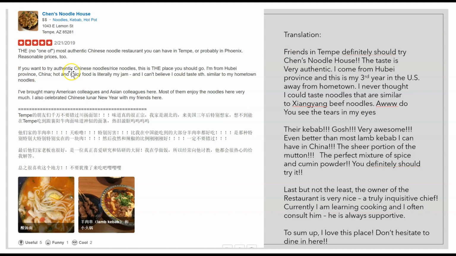And why would I capitalize the letter the THE? And also, why should I mention I brought American colleagues and Asian colleagues here? So that's rhetorical moves. And analyzing why I am doing so, that's what we call analysis.